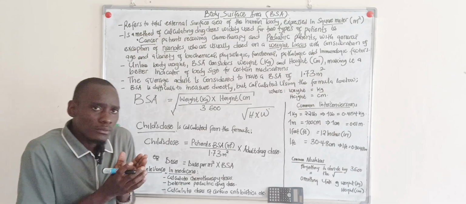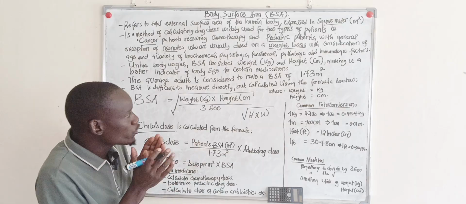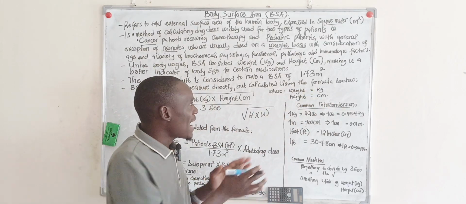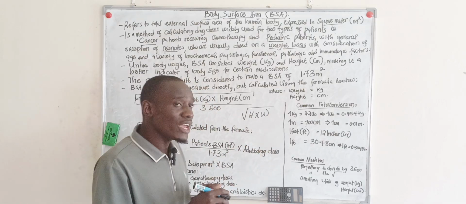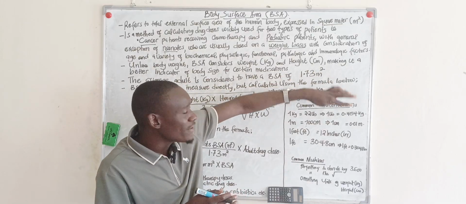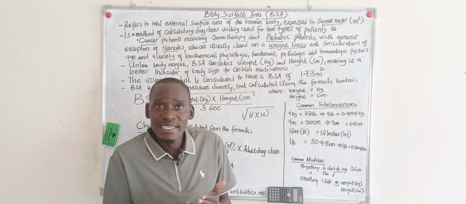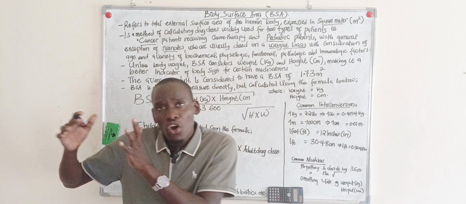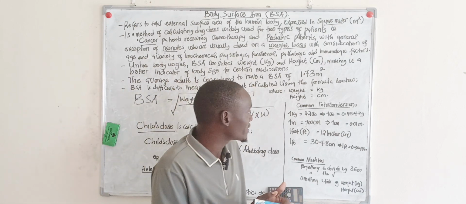Before we look at examples, we need to know that weight is always in kilograms and height is always in centimeters. Sometimes when we receive questions, the height is given in feet, inches, or meters, so we should be able to interconvert the given units into the required units.